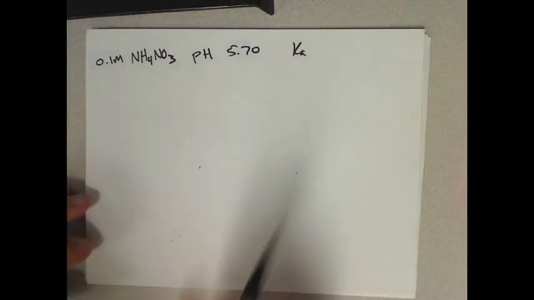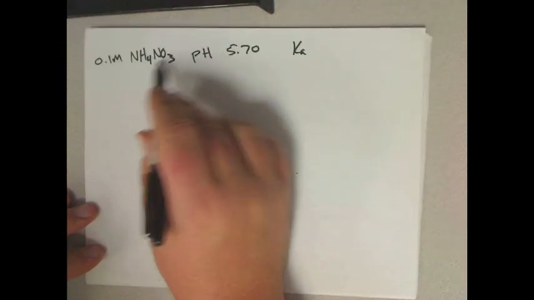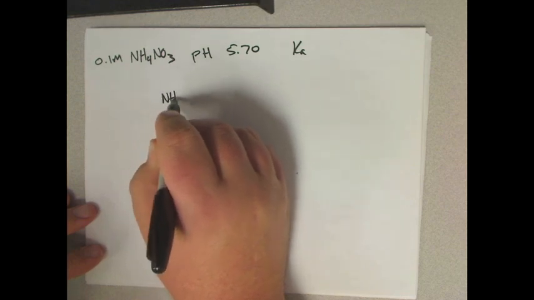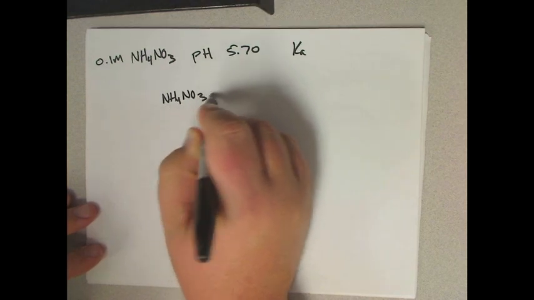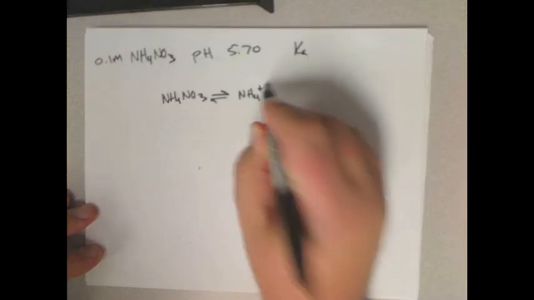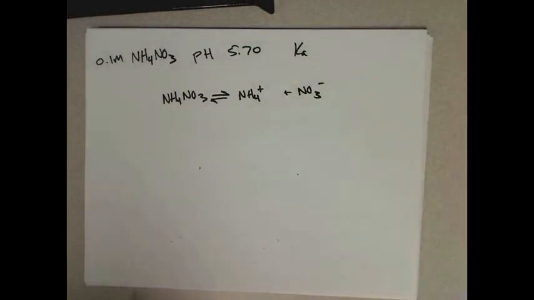So we can dissolve this. If we know that this is totally soluble, it's going to yield NH4 plus and NO3 minus. Now the question is, which of these can act as an acid or a base?